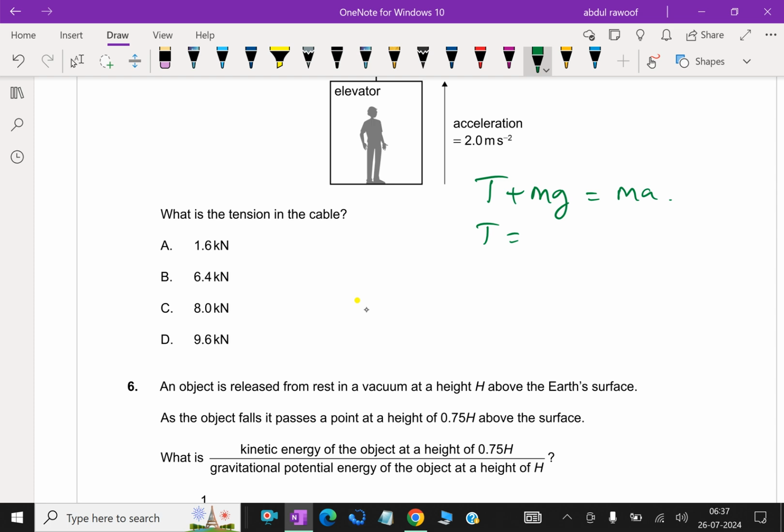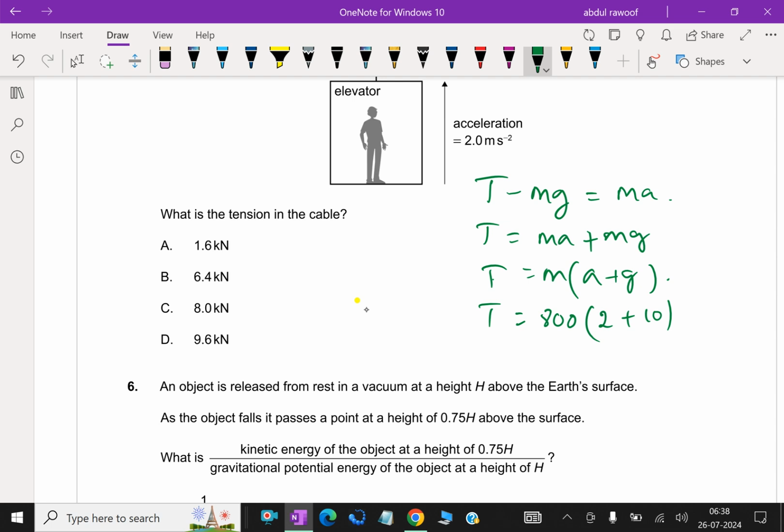Therefore T equal ma plus mg, m into a plus g, equal to mass 800 into a plus g. Acceleration of lift is 2, gravity acceleration is 10.